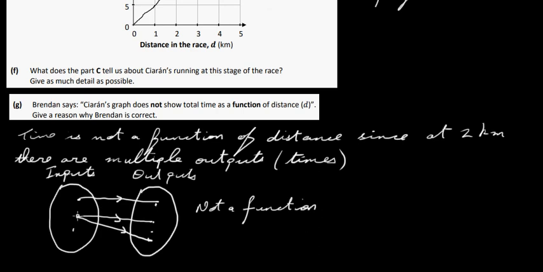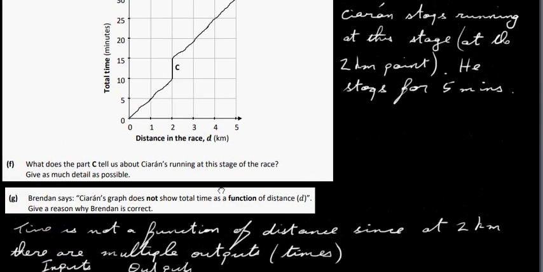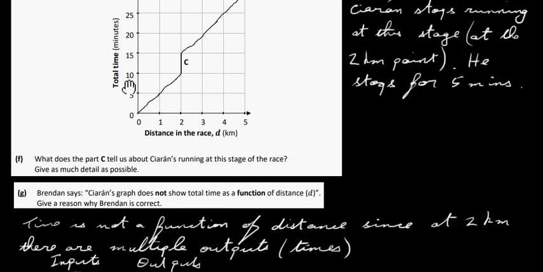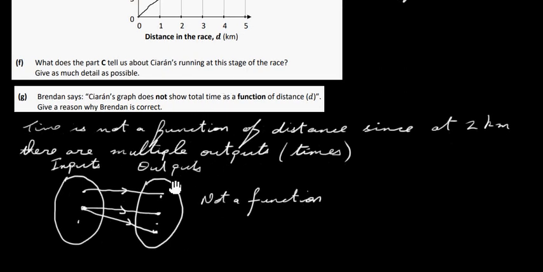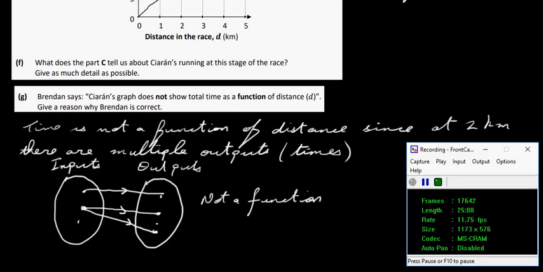You can't have one input giving you more than one output, and that's what's happening in this particular case. So time is not a function of distance because 2 is giving you multiple outputs here. Okay, and I think that's it for these two questions actually.